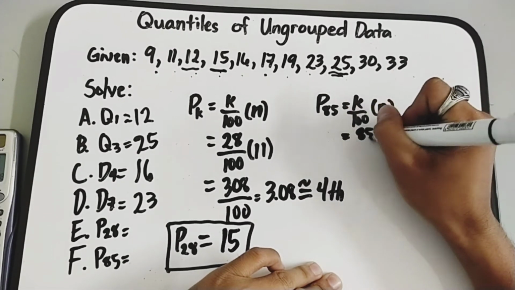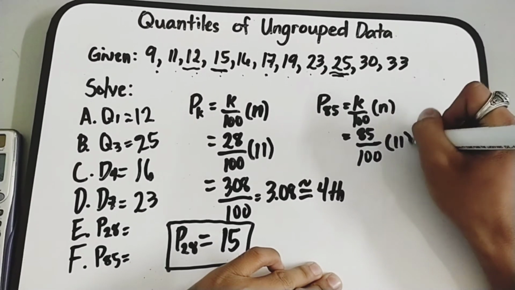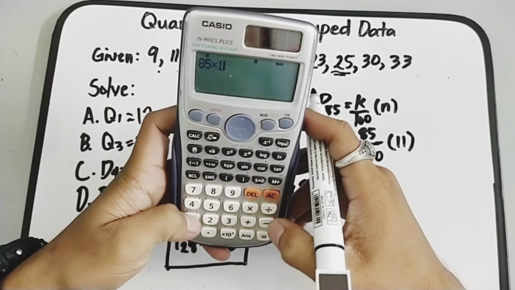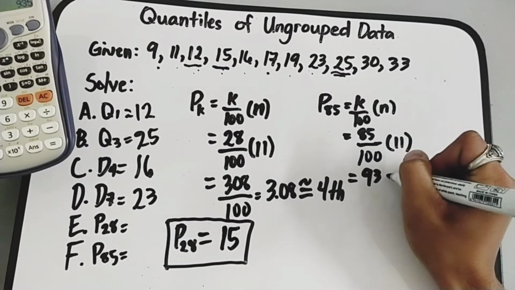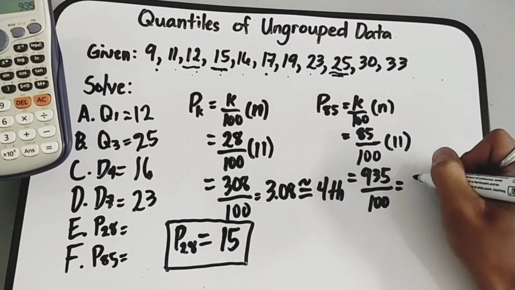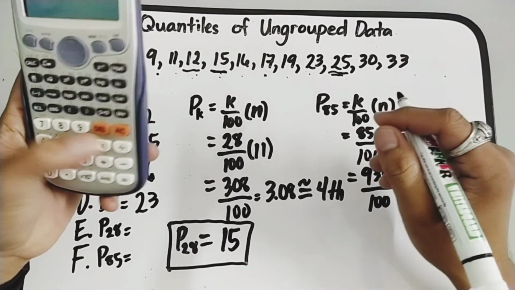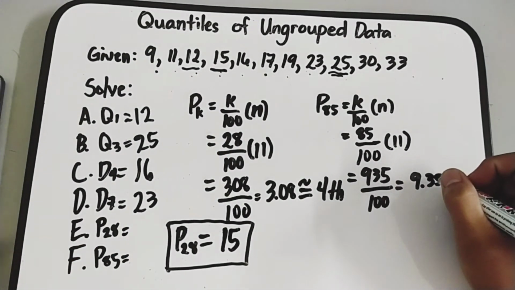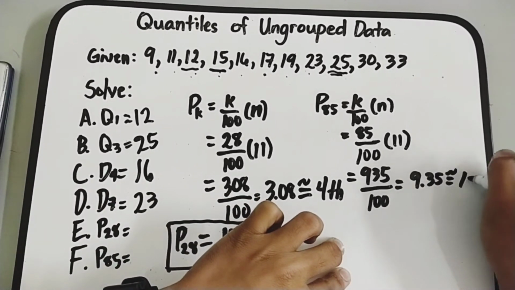Substitute 85 over 100 times 11 is equals to, wait, 85 times 11, you have 935. 935 over 100, we have an answer of 9.35. Okay? 935 divide 100 is 9.35. So, 9.35, if we are going to round up, this is equivalent to 10 score.